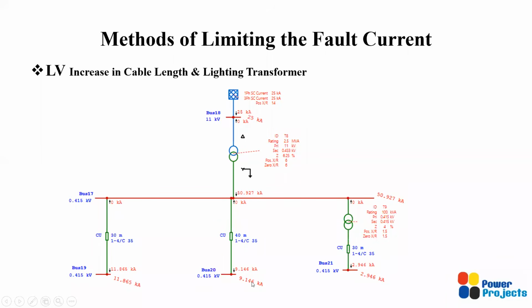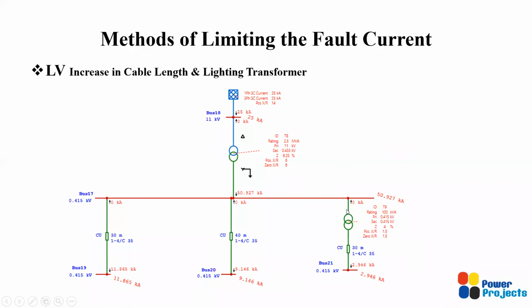That means take an alternate route, or route the cables so as to intentionally increase the cable length. Just an increase of 10 meters of 35 square mm cable will not increase the cost drastically, but it reduces the cost of going for a 20 kA lighting distribution board to a 10 kA lighting distribution board, which is standardly available.